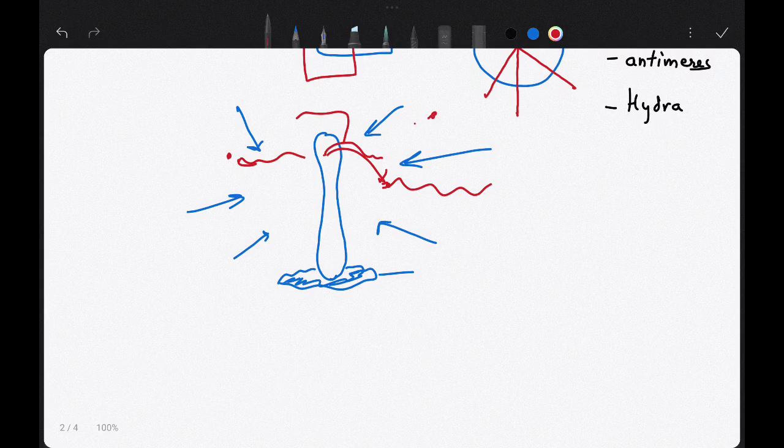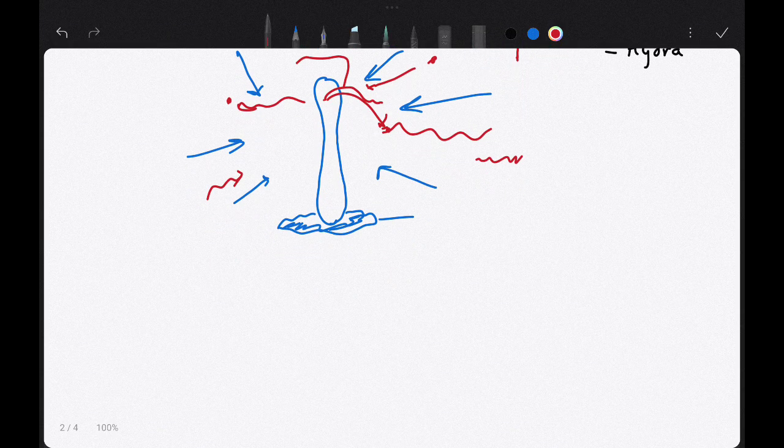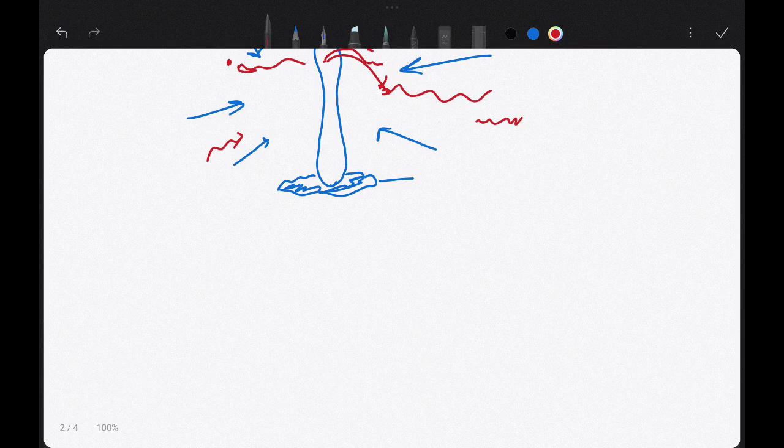If the food comes from this side, they will be able to capture from this side. Even if a predator or some unknown organism comes, they would be able to defend themselves from every side. So radial symmetry is important for organisms that are static in nature, meaning their adult forms are mainly static. So this is found in Hydra.